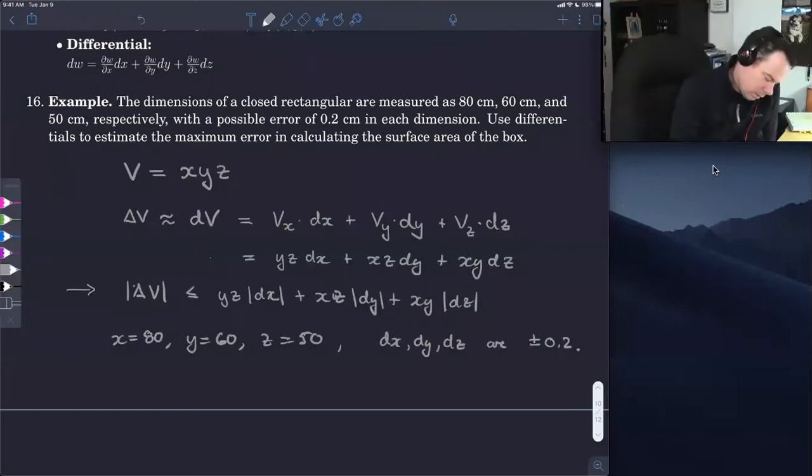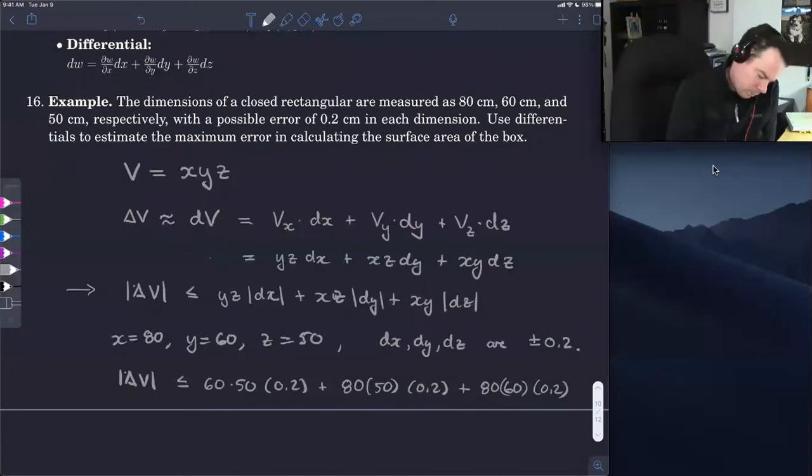So now we can work these things out. The magnitude of our error is at most y times z, which is 60 times 50 times 0.2, plus x times z, which is 80 times 50 times 0.2, plus x times y, 80 times 60 times 0.2.